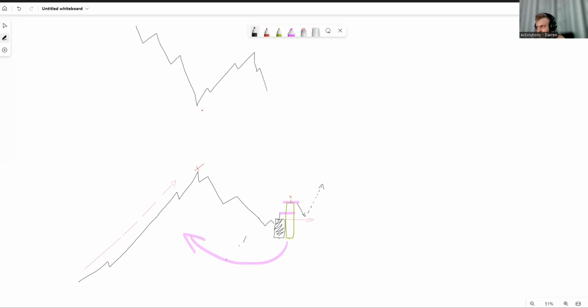fails over here to take out that liquidity, then that is a good what setup? Is that symmetrical or non-symmetrical?